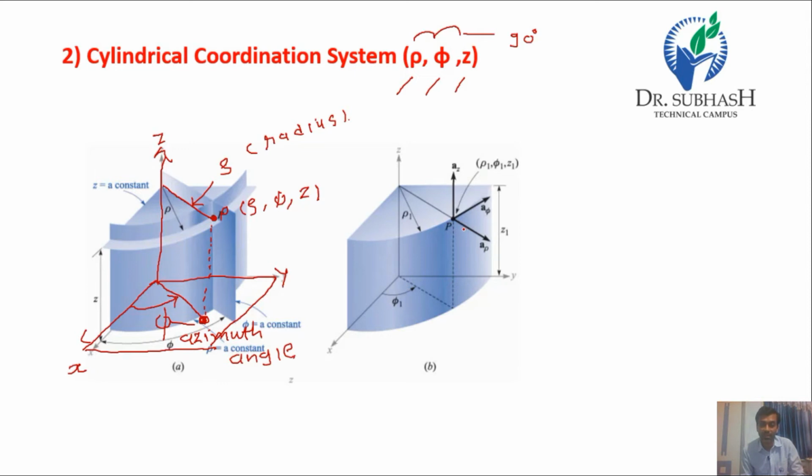Direction is represented here in the rho direction, phi is the azimuthal direction, and z as per the Cartesian coordinate system.